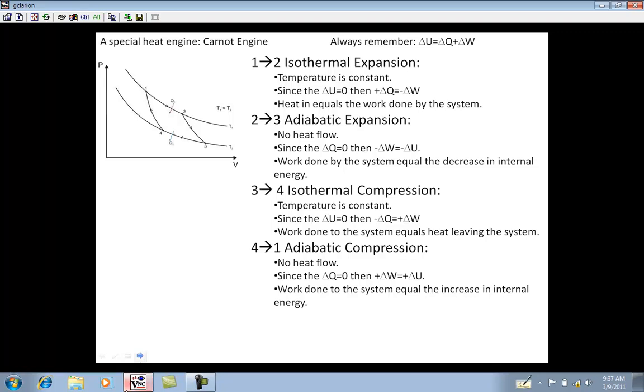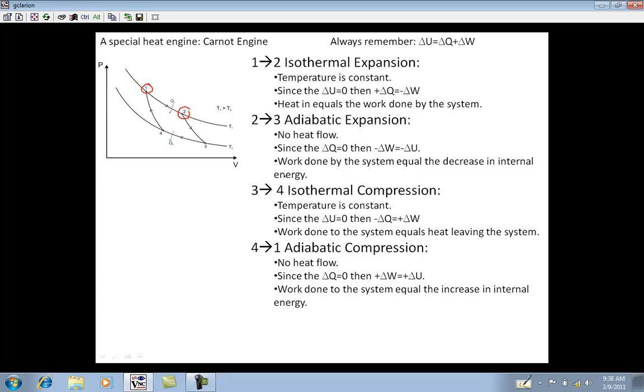From state 1 to state 2, that's an isothermal expansion. So the temperature is constant, and since delta U is equal to 0, delta Q will equal negative delta W.